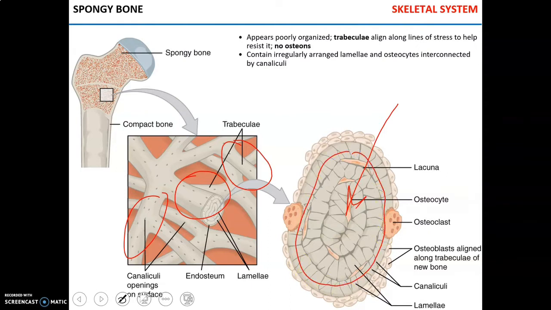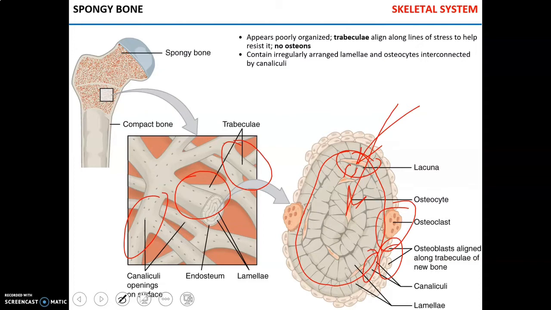You can see lamellae, lacunae with osteocytes in them. Osteocytes are connected by canaliculi, so you can see all of that, little canaliculi here and there. Osteoclasts and osteoblasts are on the outside layer of endosteum. But you can see that there are no central canals.